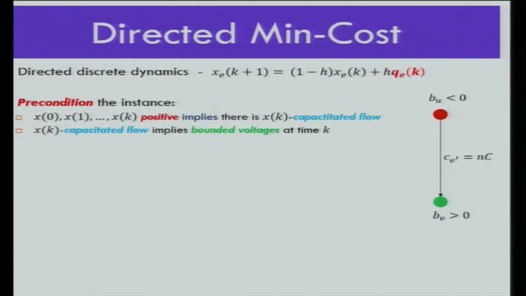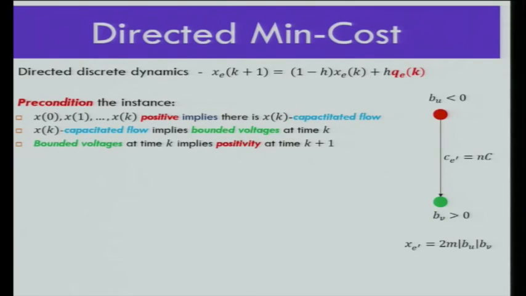These are each a couple of pages per proof, so I'm not going to go into this. And bounded voltages in turn allow us to prove positivity at time k plus 1, and you can keep doing this again and again. This is your induction setup. And in case you're wondering what is the initial solution, for all the edges it's 1, and for these edges that you added, it's 2m times the product of these demands.